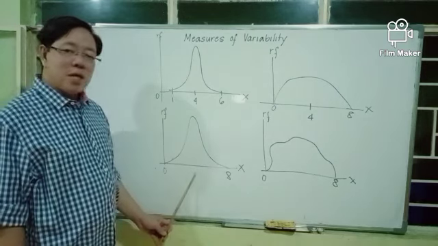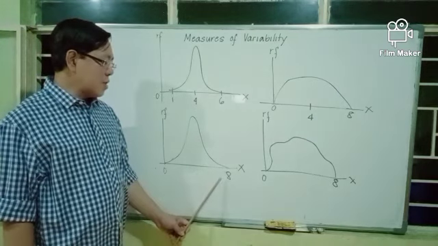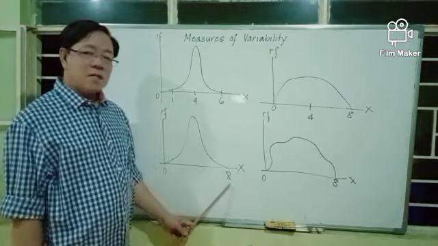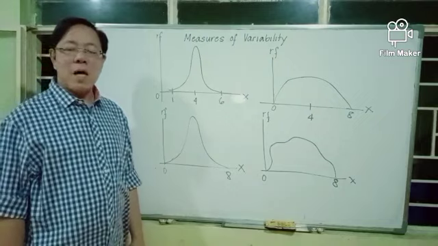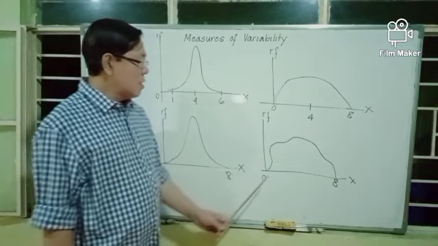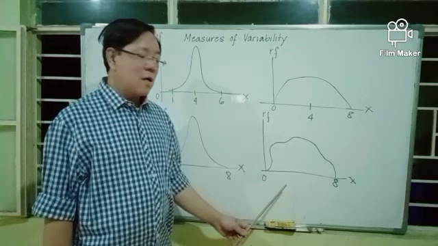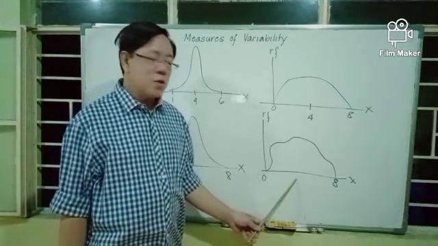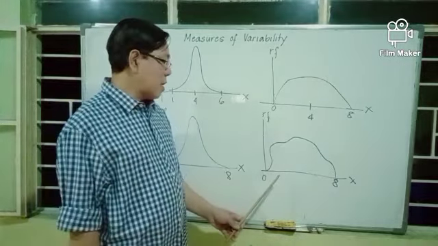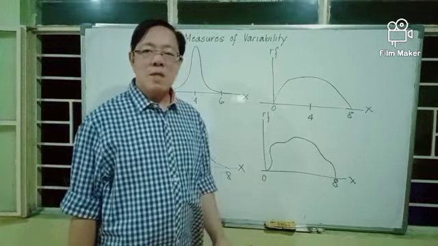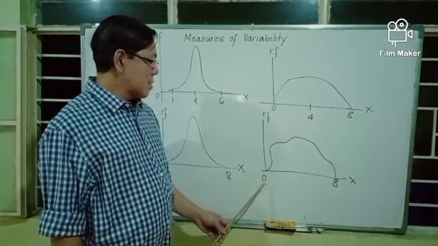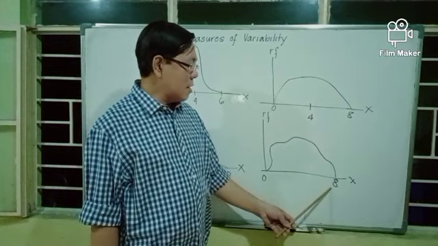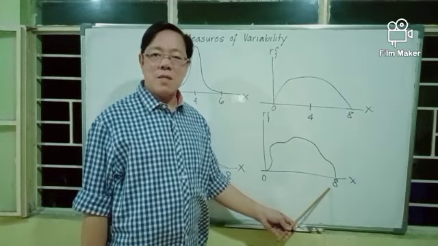Then the range of this distribution is 8 minus 0. The highest is 8 minus the lowest is 0, and the range is 8. Also, for this distribution of values represented by this graph, the range is also 8. The lowest value is 0 and the highest value is 8.